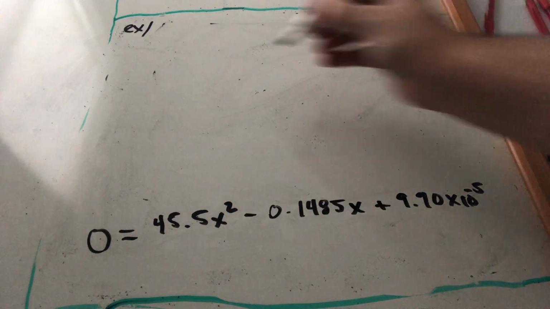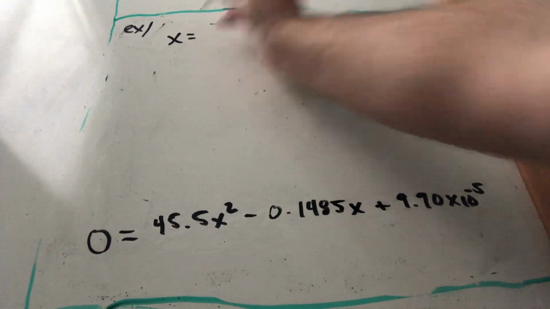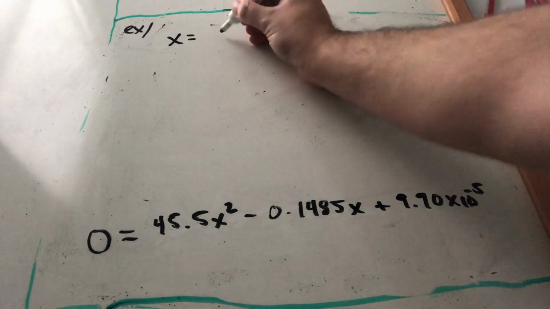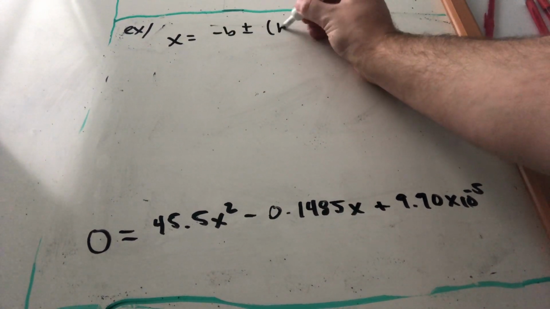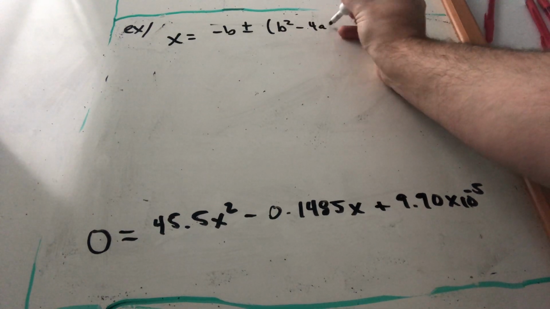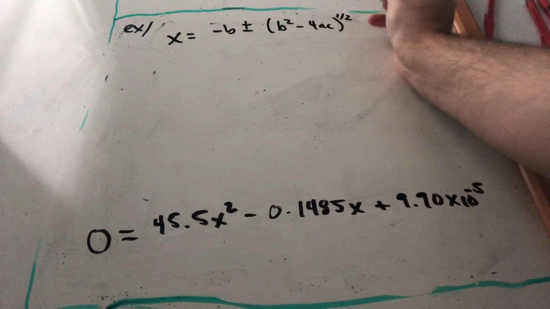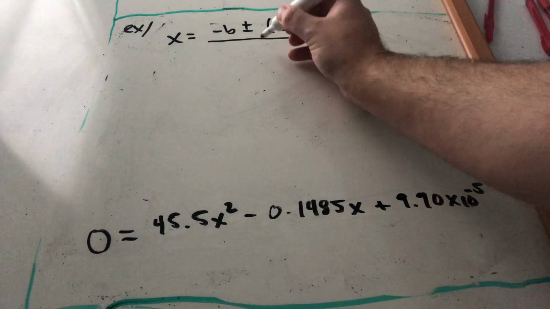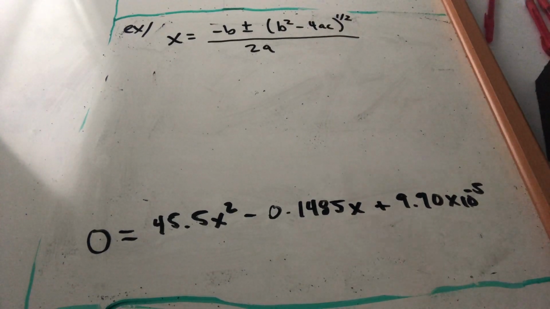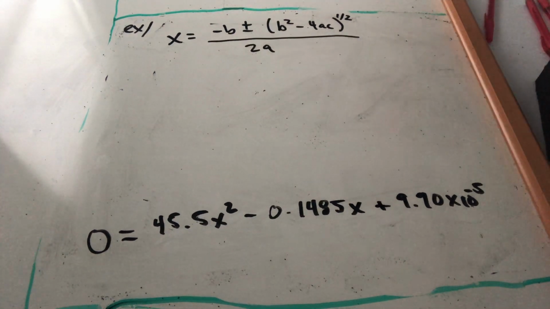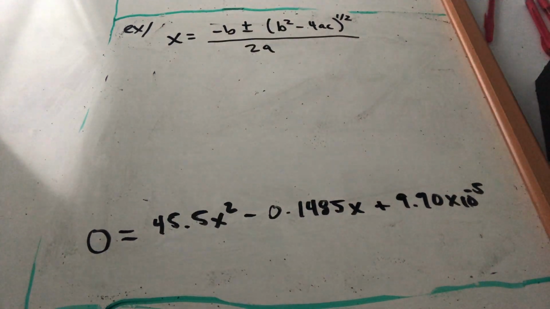Our quadratic formula says there's two x's that we get, and they look like minus b plus or minus the square root of b squared minus 4ac, all of that over 2a. The reason that there's two x's is you do this first with the plus, and then you do it second with the minus.